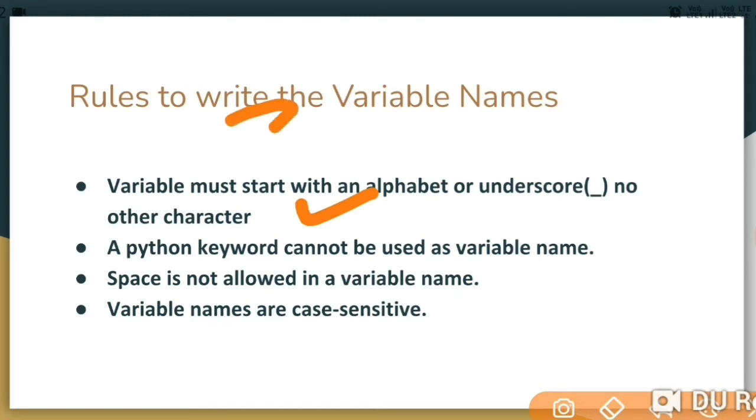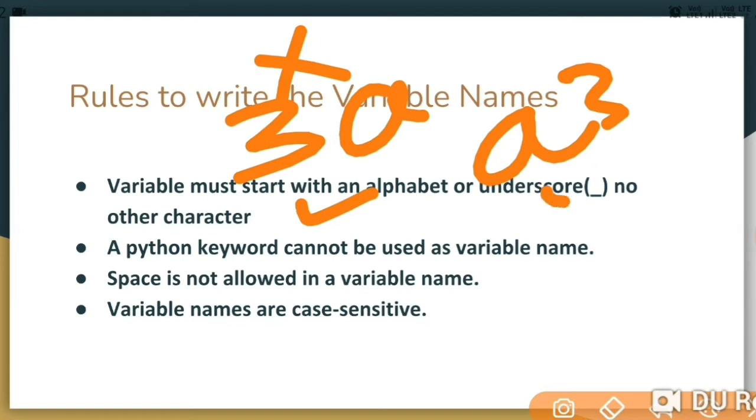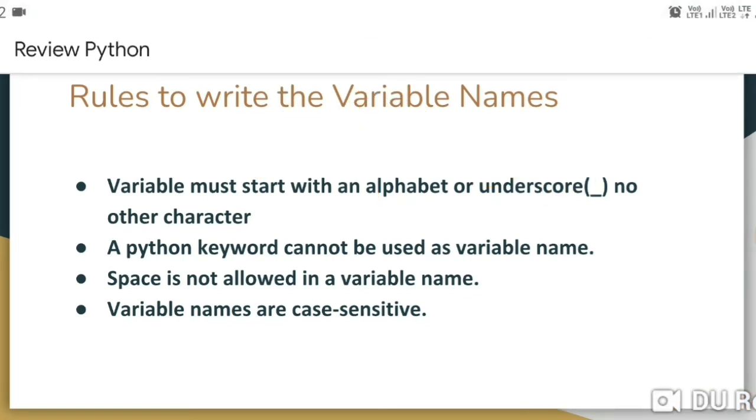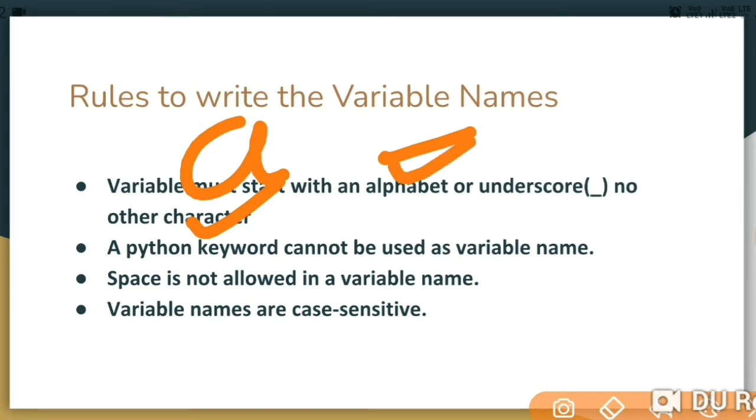Like you cannot write 3a, but you can write a3. Got it? That is the wrong way, but this is the right way. So you can start with an alphabet or underscore. This is the rule.